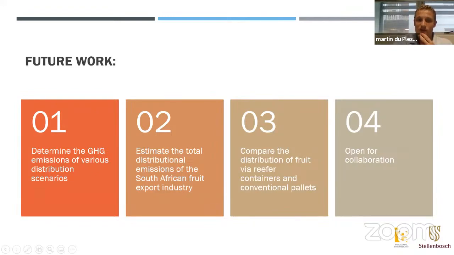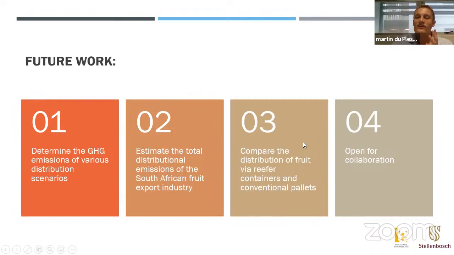The second thing is we're going to attempt to estimate the total emissions of the South African fruit export sector for the distribution process. This is based on AgriHub data and other data sets, so it will hopefully be an accurate representation of the total fruit export industry's emissions. The third step, which I have a hunch about, is that South Africa has some problems in terms of reefer containers.